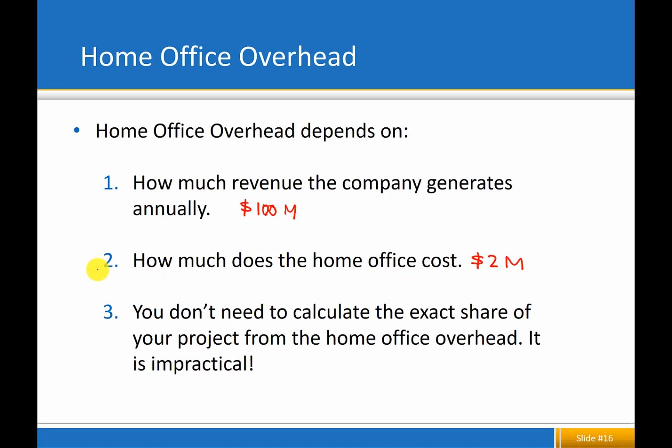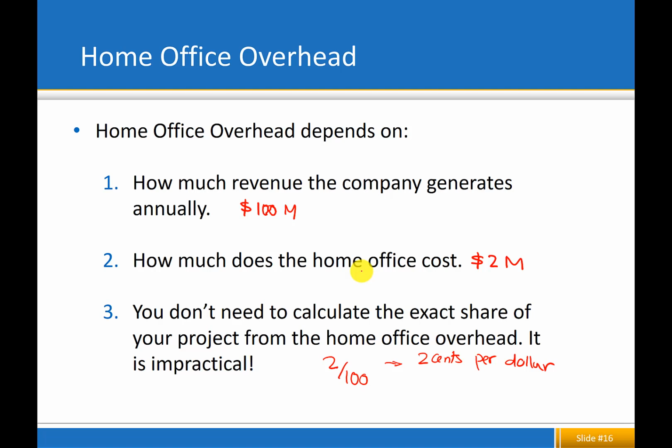And how do I come up with this? I said, let's take 2 divided by 100, and that's 2 cents per dollar. Correct? So really what I'm saying is that for every dollar that I'm making, I need to spend 2 cents of it on my home office to stay in the business, right? Fantastic. So I have some measure right there, 2%, 5%.